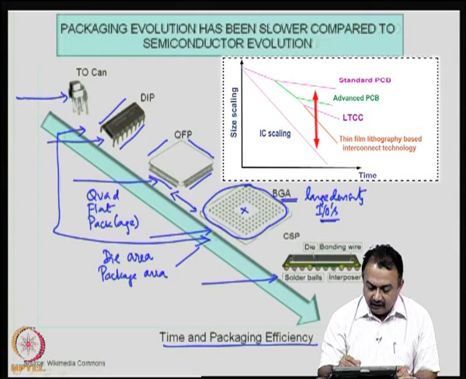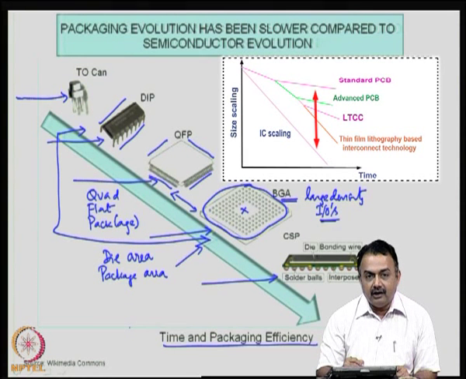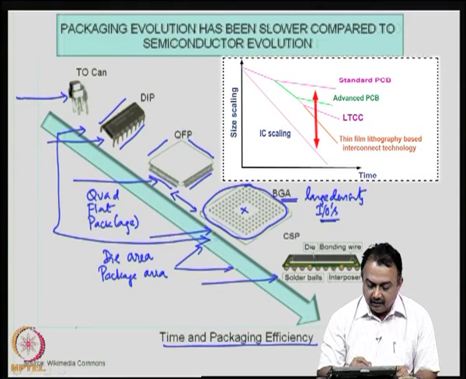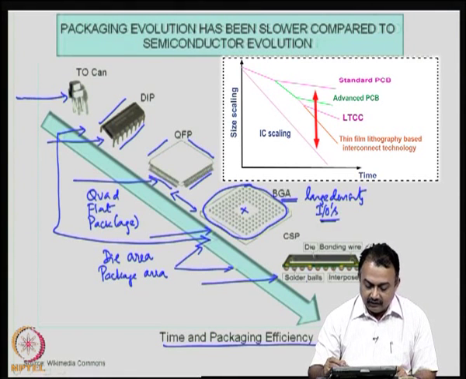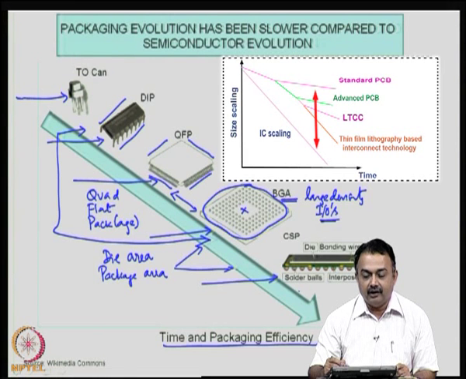In a BGA, the package area is slightly larger than the die area, but in a CSP the package area and the die area are almost the same. It is only a question of 20% difference, whereas in BGA it can be more than 20%. So, if you have a package in which the package area is almost the same size as the die area, then it is called a CSP.